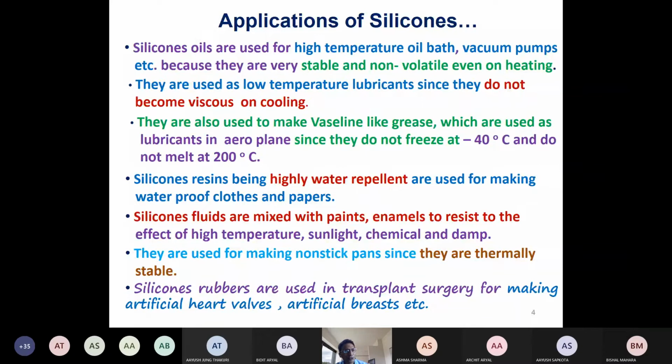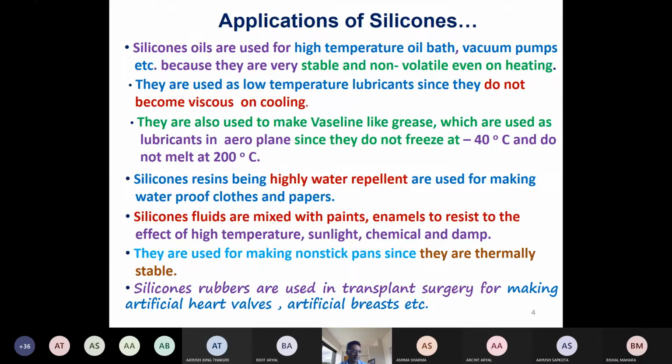Silicone oils are used for high temperature oil baths and vacuum pumps. What is known as an oil bath? For example, organic compounds are highly volatile. They are not heated directly, and they are to be heated in a container in which silicone oil is used.